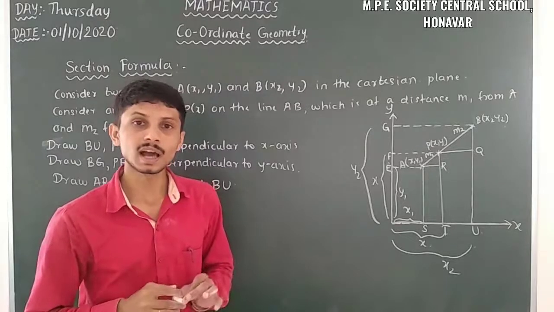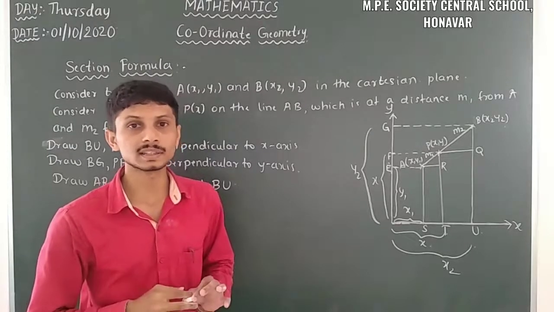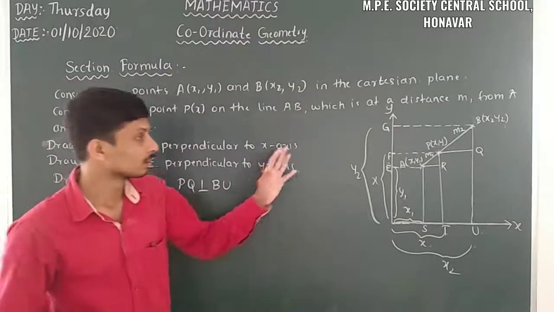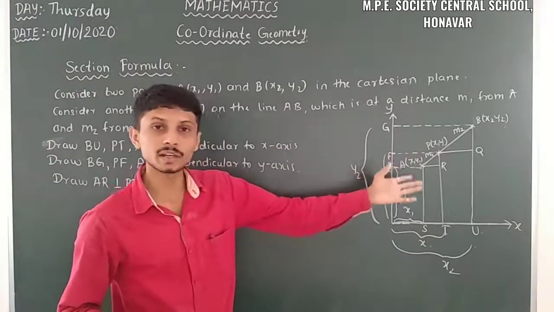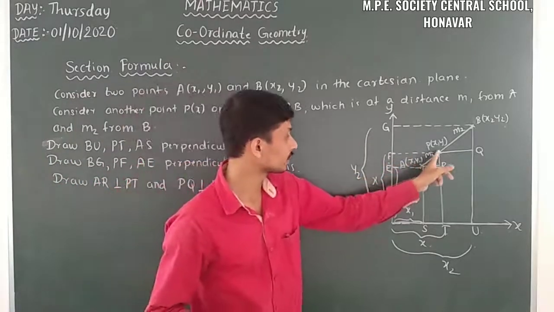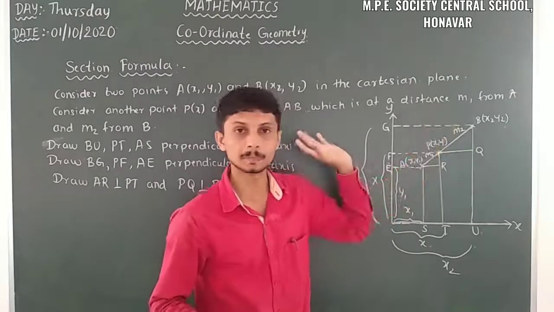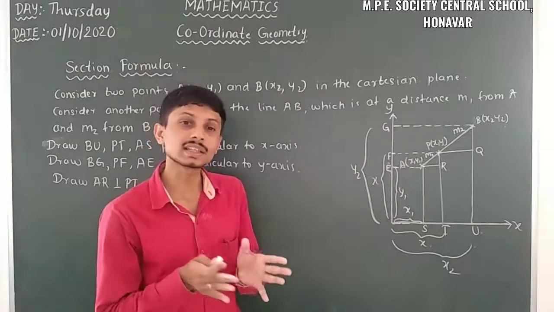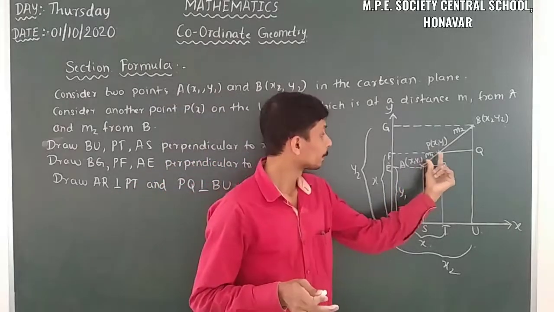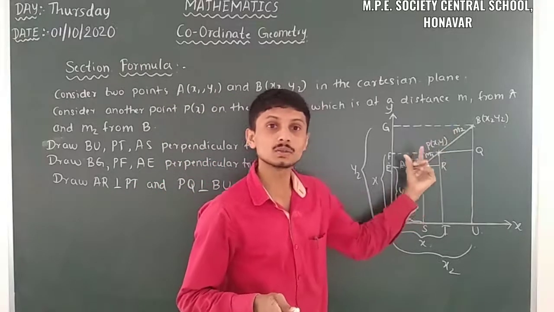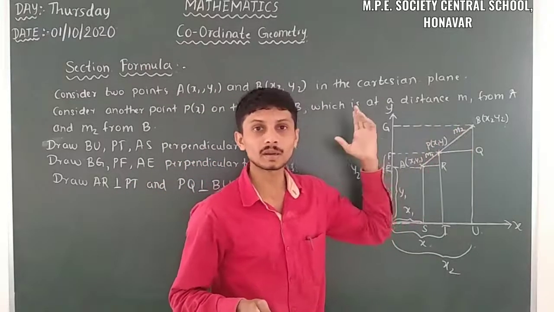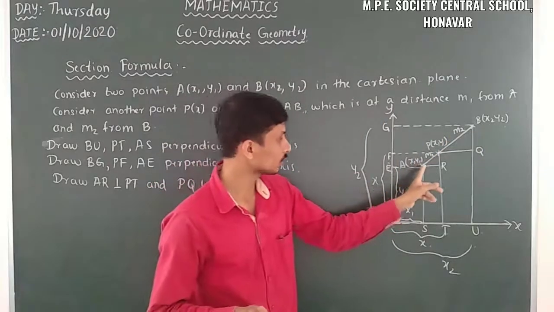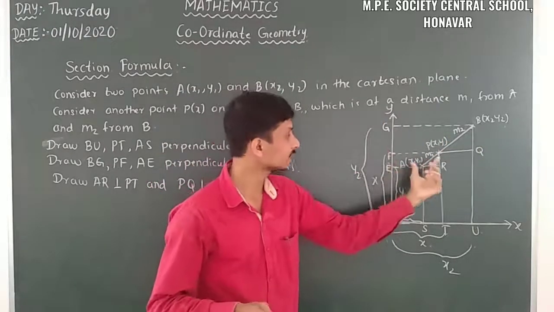After that we have to take the derivation. Just observe, we have to find the distances AP and BP. When we take the ratio, P cuts the line internally in the ratio M1 is to M2. Not externally, here it is internally.